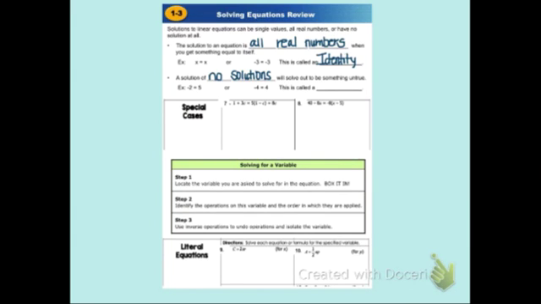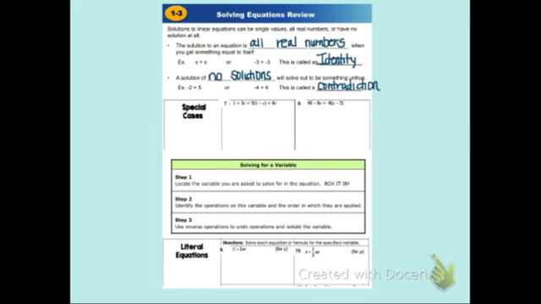When that happens, this is called a contradiction, meaning one side is contradicting the other. One side says negative 2, but the other side says 5. That is a signal that there are no real numbers that satisfy that equation, so there are no solutions.